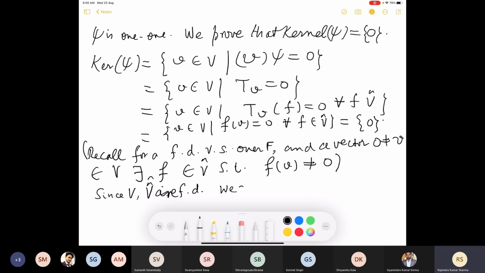We get that this psi is onto, and hence what we have got is that V is isomorphic onto V hat hat. So we not only knew that they were going to be isomorphic, we now have obtained an isomorphism of V onto V hat hat. And this mapping is psi.